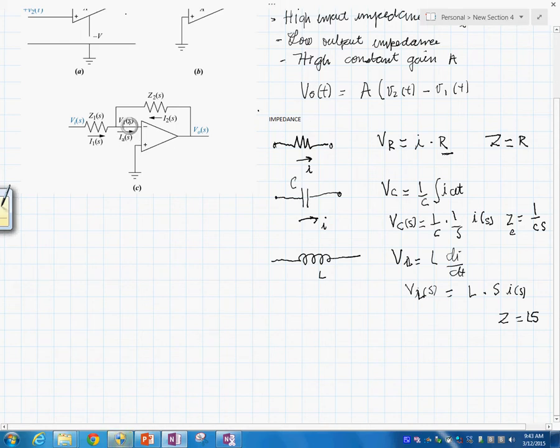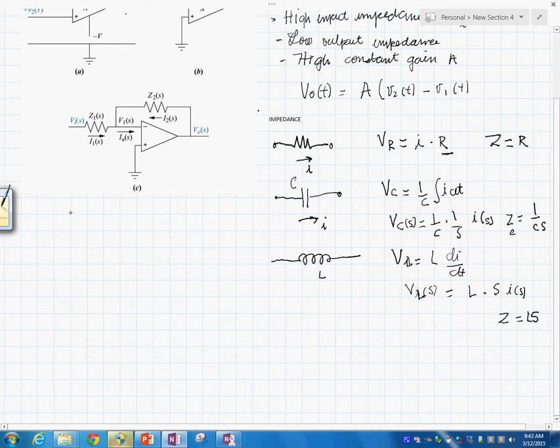So it's made in such a way that this current is 0, so that you amplify just the voltage. Voltage would be V sub 1 times A. It would be the output voltage. So let's write down the equations for this operational amplifier.